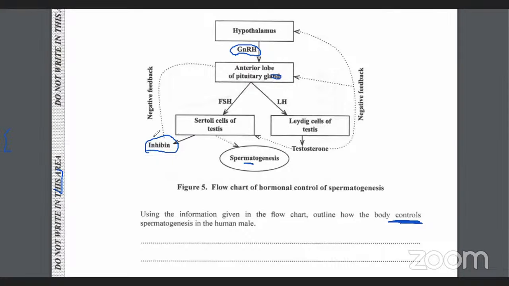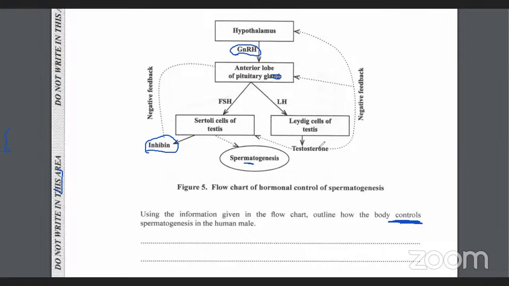So inhibin will be secreted, which acts on the pituitary gland. Remember, the pituitary secreted these two hormones. So it is going to block the production of these two hormones. If these two hormones are not being produced, then the process of spermatogenesis will end.